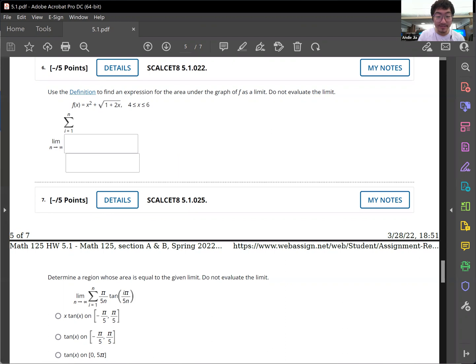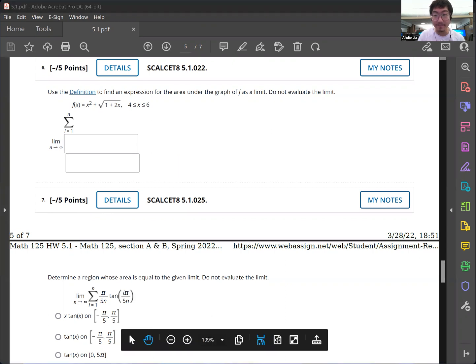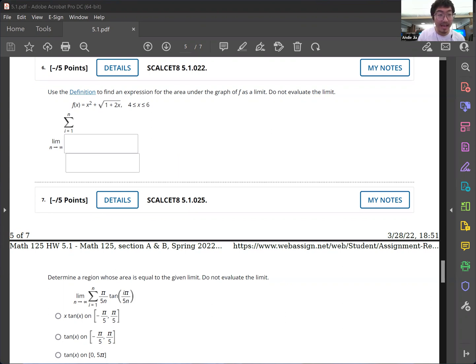So for this piece, we want to write it into a Riemann sum form, and we will try to write the notation.